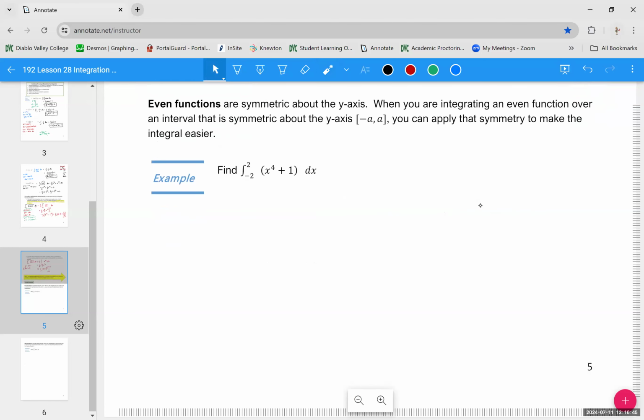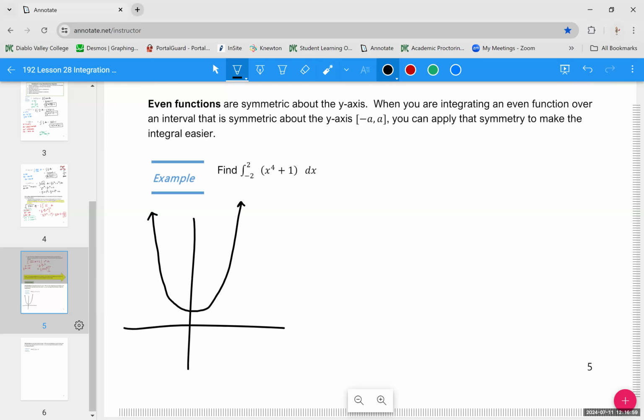Let me give you an example. Let's say we were going to integrate x to the 4th plus 1, which is kind of like a parabola, although it's a little flatter at the bottom, from, and this is not drawn all that accurately, -2 to 2.